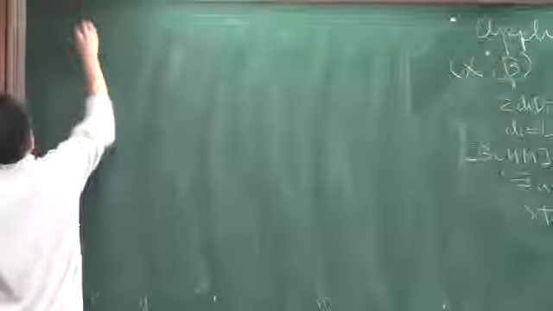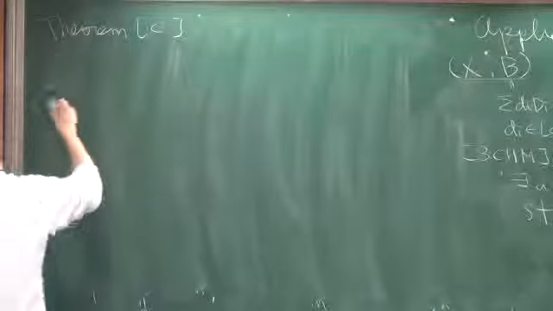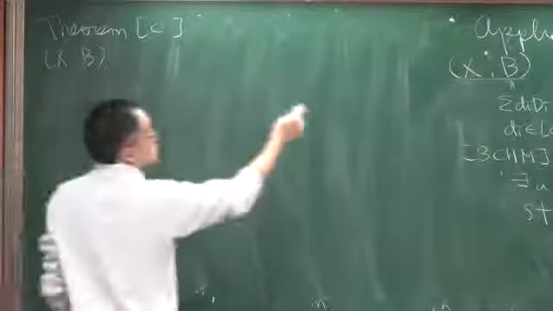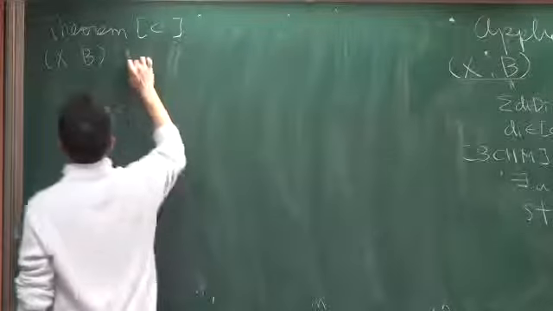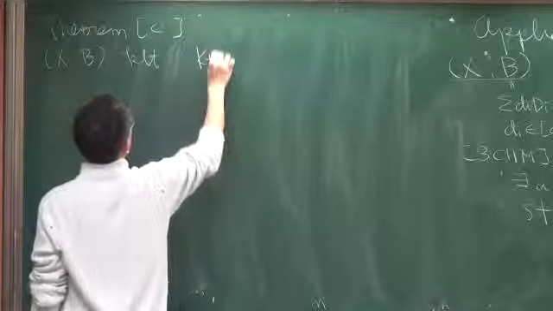So how do you apply MMP? The first theorem is: let's say we are given a pair like this, KLT, where K plus B is big.